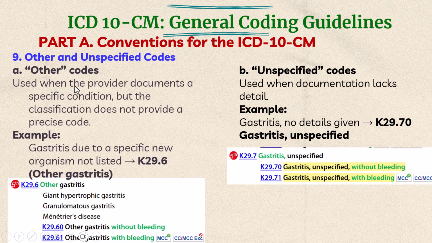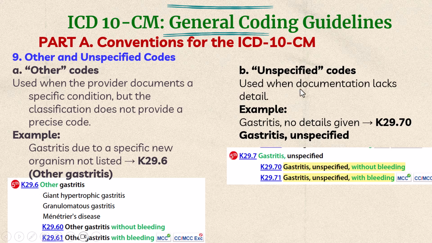Other codes are used when the provider documents a specific condition, but the classification does not provide a precise code. For example, gastritis due to a specific new organism is not listed in the code book, so you can use K29.6, that is other gastritis. So the organism is not listed in the code book, so you can use this code.